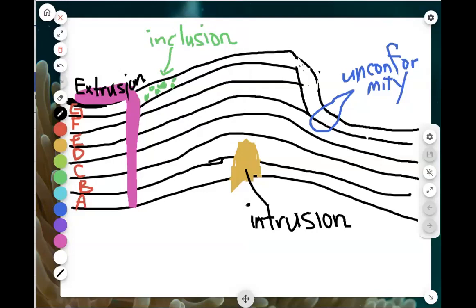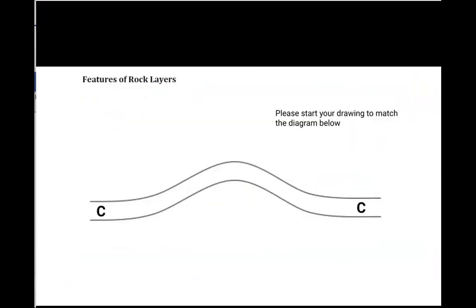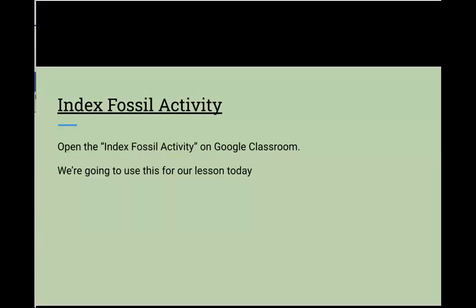So now this leads us into our new topic for today. Okay. Any questions about your rock drawing before I move on? Okay. So we are going to be doing now an index fossil activity. Okay. So go ahead and open it.